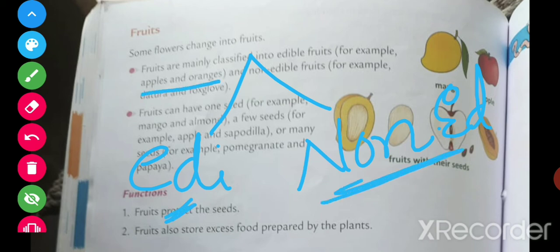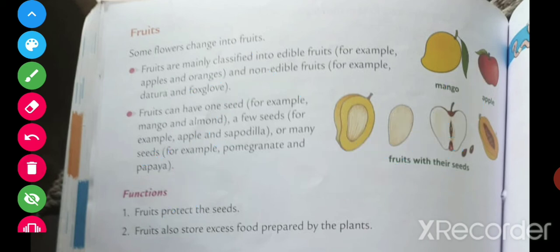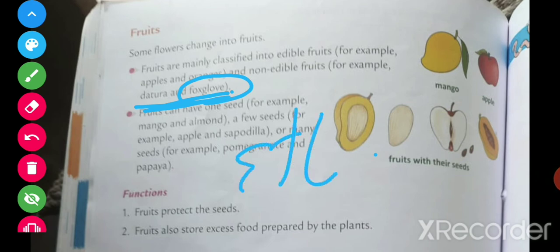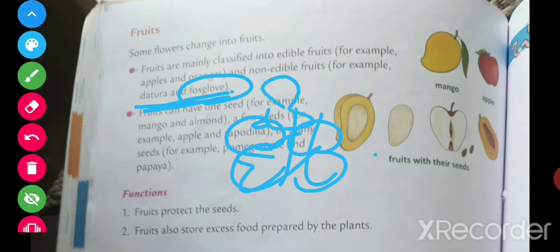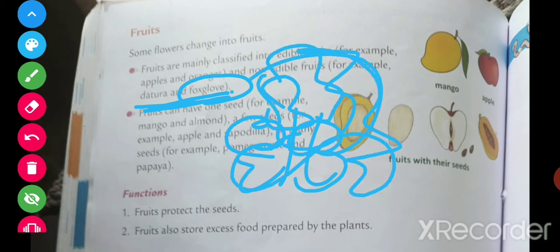In non-edible, datura and foxglove. Foxglove plants have many flowers which are not edible. Which plants have many flowers? They are called foxglove.